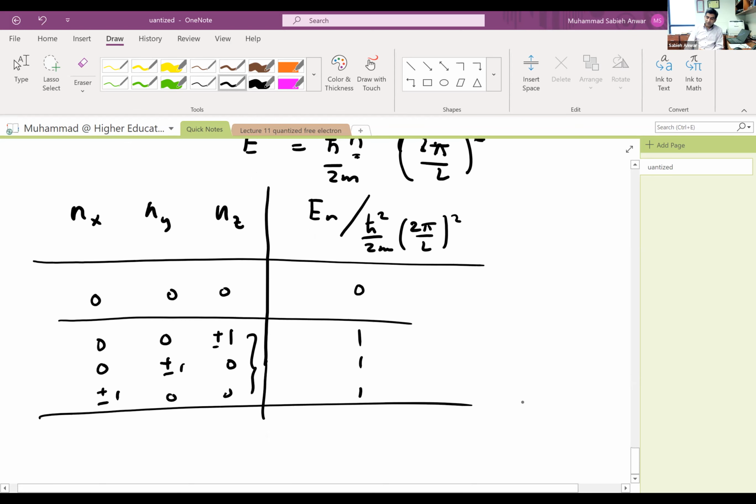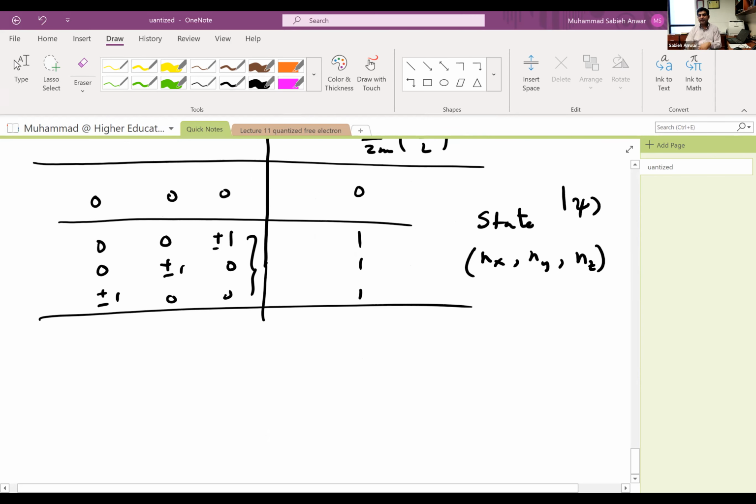Okay, so the state of the electron is defined by the value of the 3 quantum numbers nx, ny, and nz. So if I would like to write this wave function inside a ket, this is the state of the electron. It's totally defined by nx, ny, and nz.